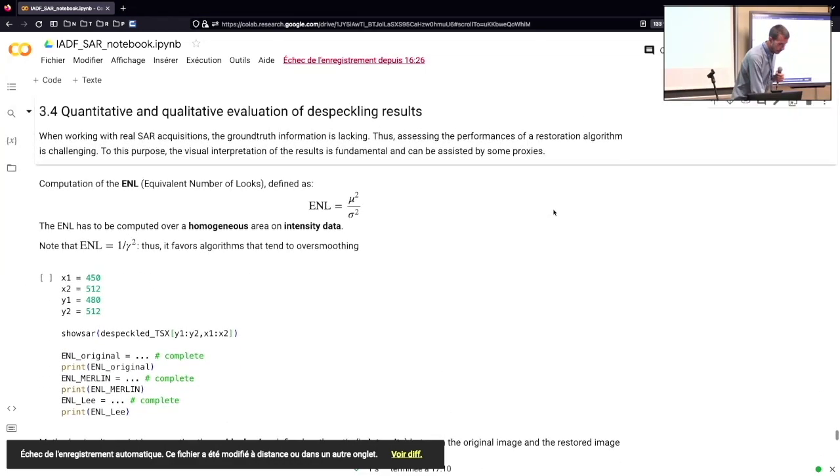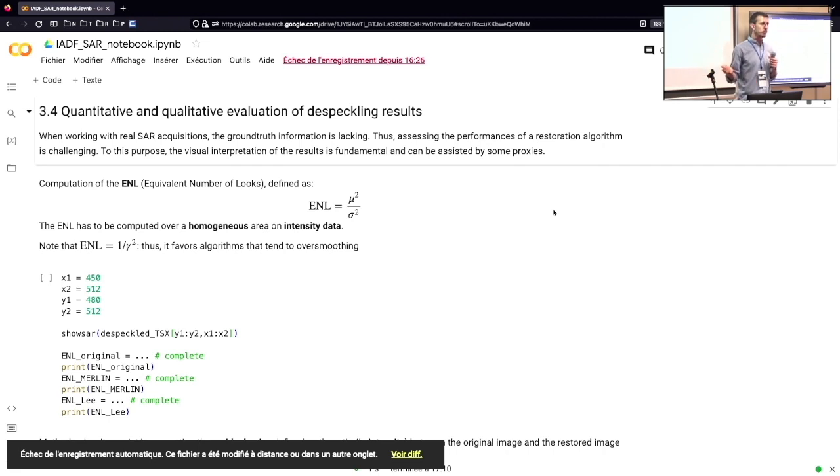So one simple way to start to have some hints on the quality of your result is to estimate what is called the equivalent number of looks. So what is the equivalent number of looks? We compute it by doing the ratio between the squared mean and the variance.